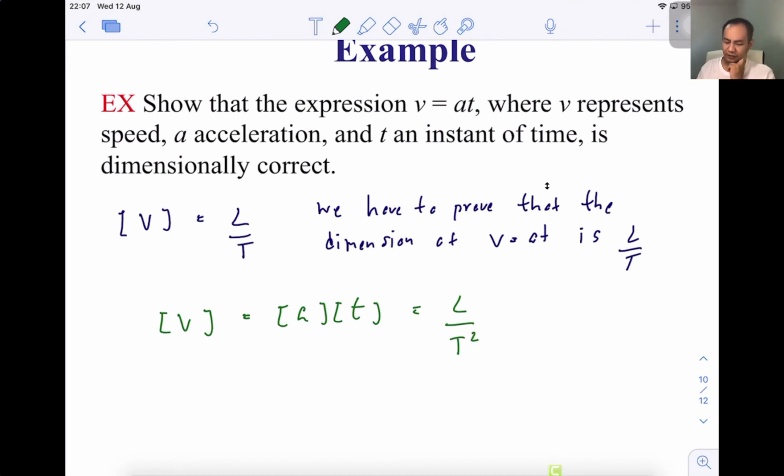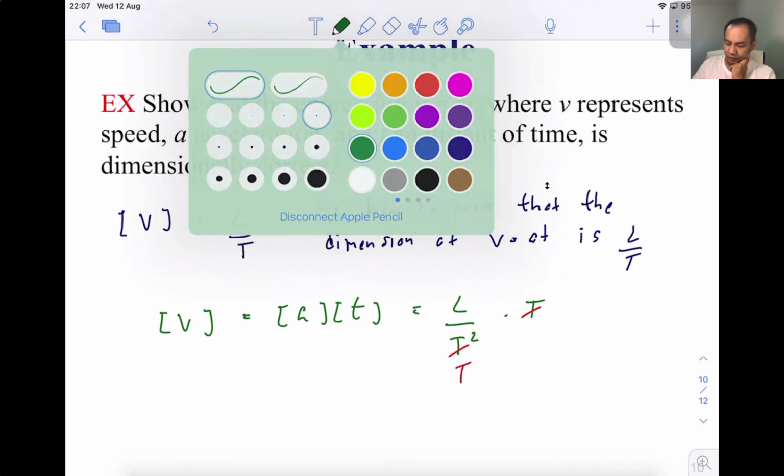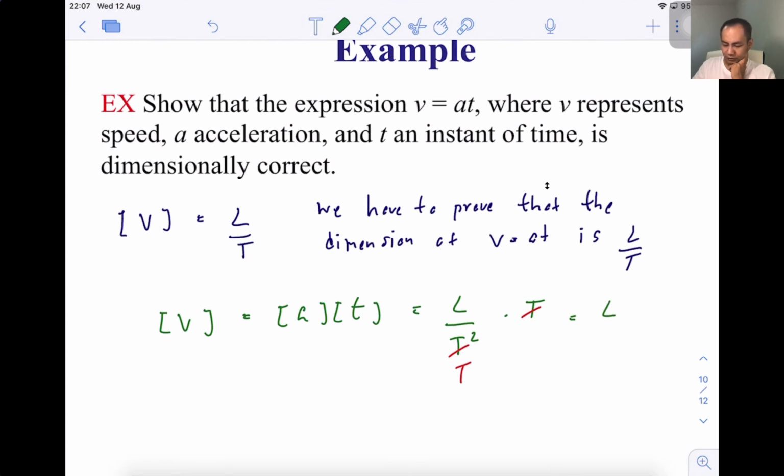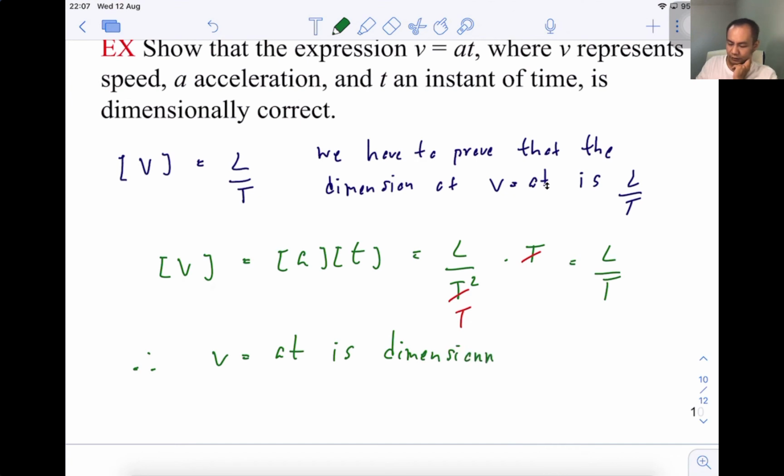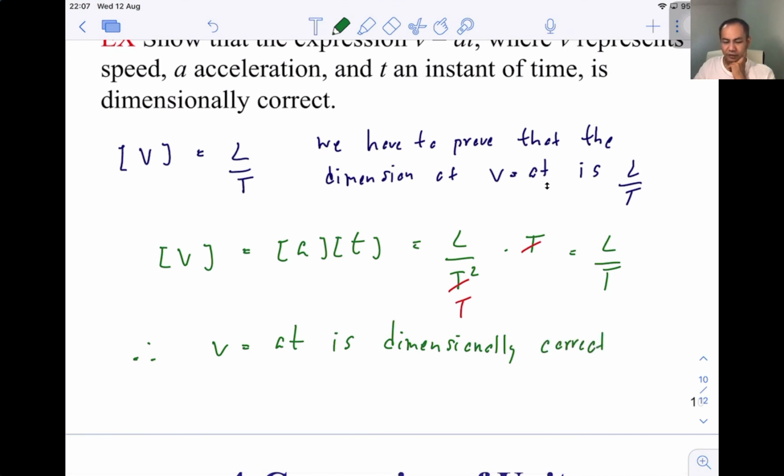This is acceleration, and time T. Okay, so now if we do some math, we will get that the dimension of v is L over T. So we can conclude that v equal at is, oh sorry, I think I spelled it wrong, dimensionally correct. Okay.